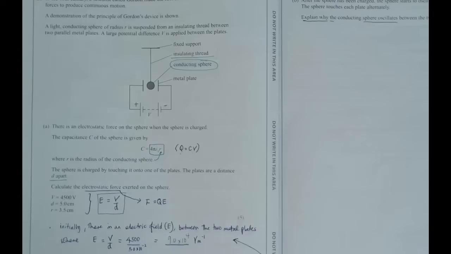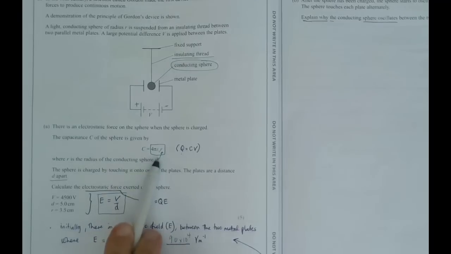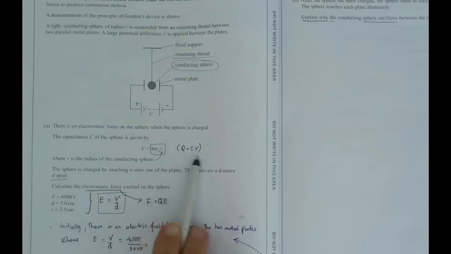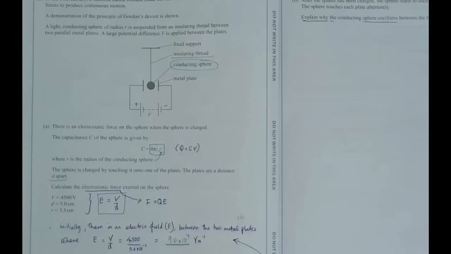Now, once you know the electric field strength, it will enable you to move forward. When the sphere of capacitance C, given by this equation up here, touches one of the plates, it gets charged, as they told us. Where Q is equal to CV, as I've already explained to you. So you multiply the capacitance, which is 4 pi epsilon naught r, by 4,500.